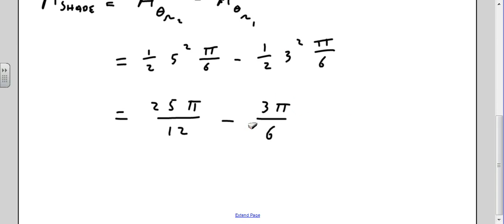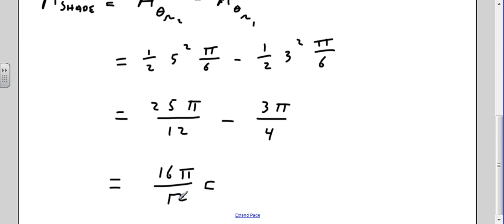No, 3 pi over 4. Any complaints? No complaints? All right. So that's a 9, right? 9 over 12. So 9 subtracted from 25 is 16, so 16 pi over 12. And I'd probably just go up here and put that directly in my calculator.